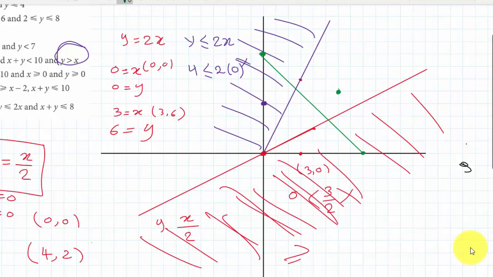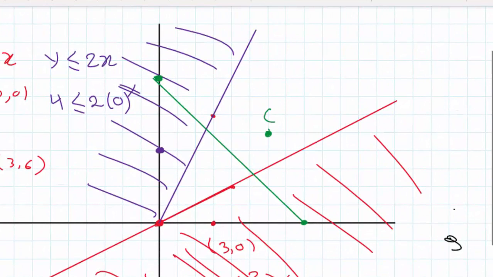Okay, what is the coordinate of this point? The x is 1, 2, 3, 4, 5, 6. And the y is 1, 2, 3, 4, 5. Now I'm going to put 6 in place of x and 5 in place of y. Will I get something to make this correct?